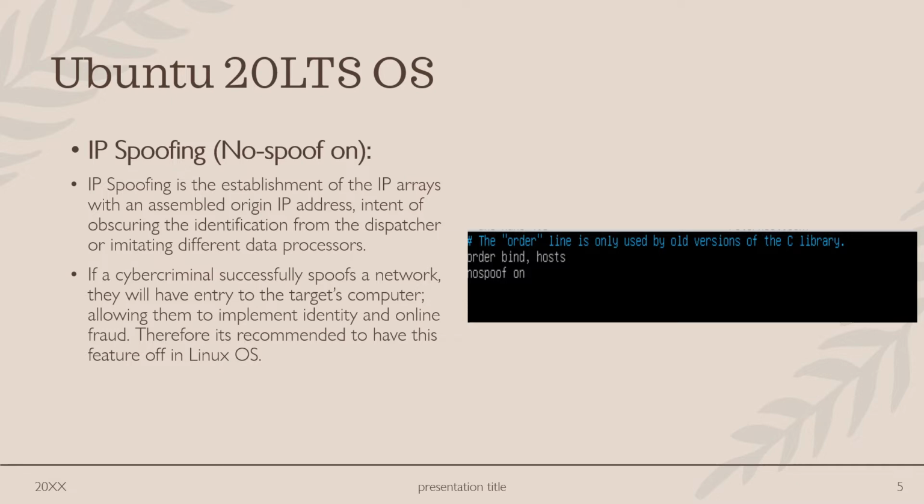If a hacker successfully spoofs a network, they will have entry to the target's computer. It will allow them to implement identity and online fraud. So it's definitely recommended to have this feature off on the Ubuntu operating system so you can prevent these fraudulent activities happening to you.